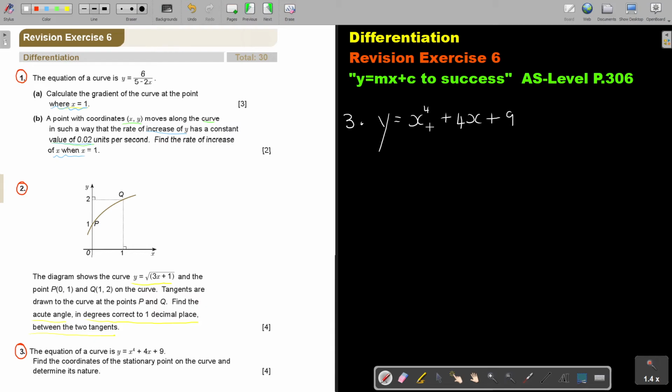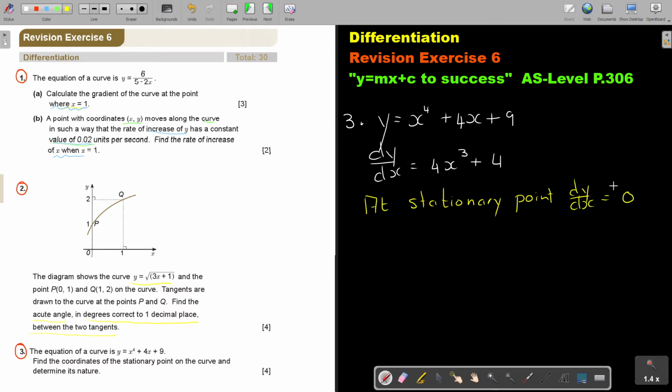Okay, so I'm just going to differentiate. That's step 1, and it's such an easy formula also. And I'm going to say at stationary points, dy over dx will be equal to 0.